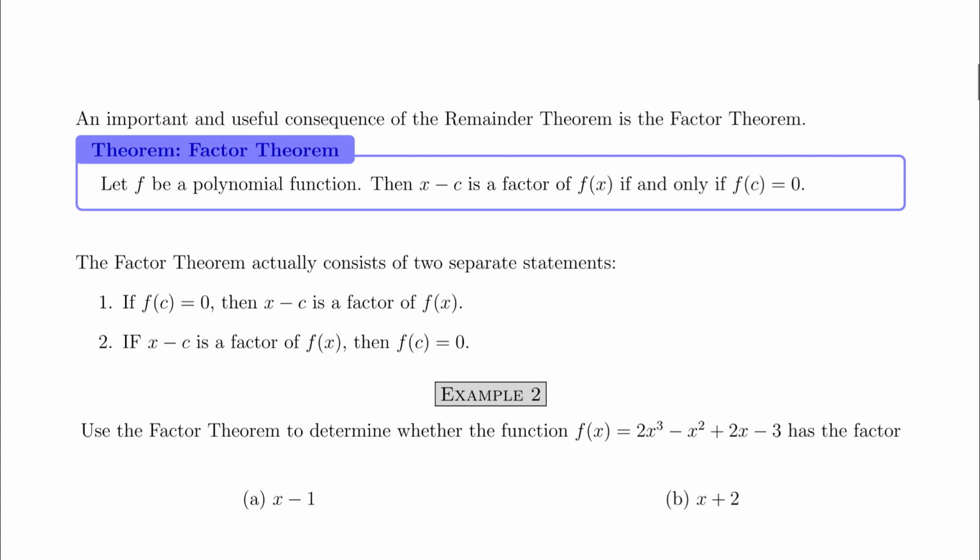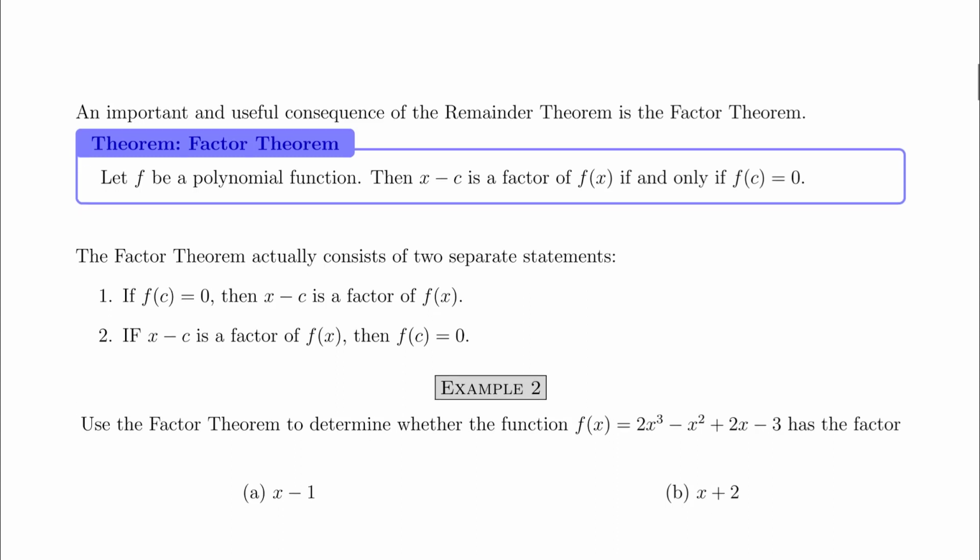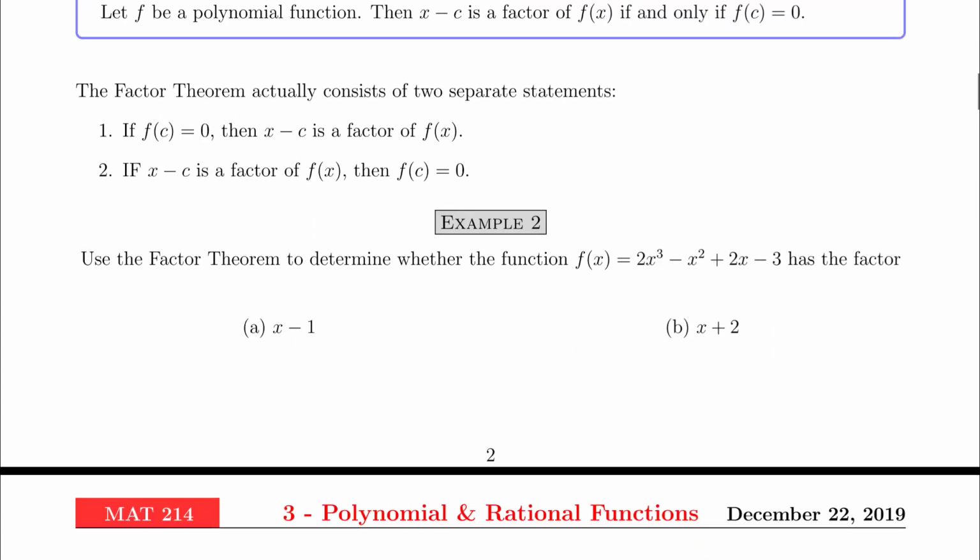If our remainder is something other than 0, then that linear factor or that linear equation is not a factor of the polynomial. So with example 2, we're going to start out the same way we did with the remainder theorem. We're just going to make an interpretation at the end of this.